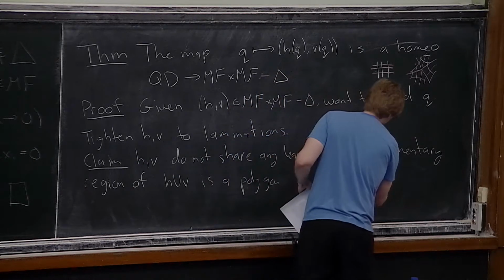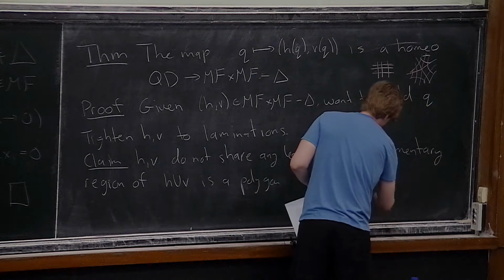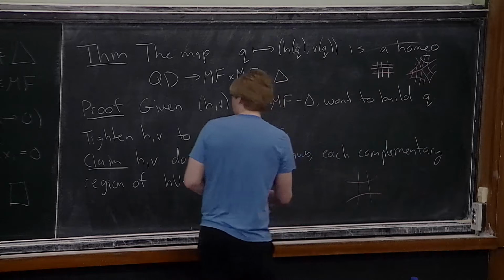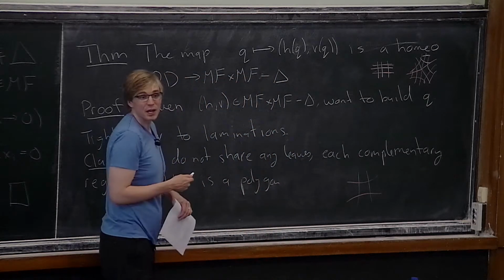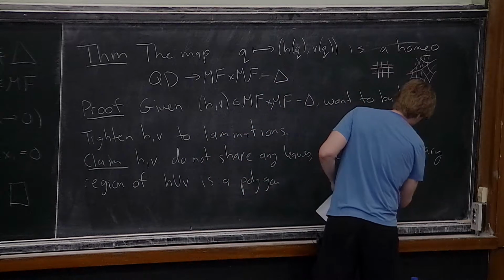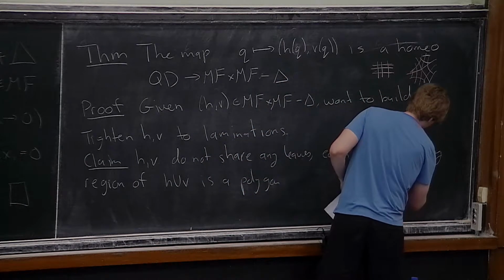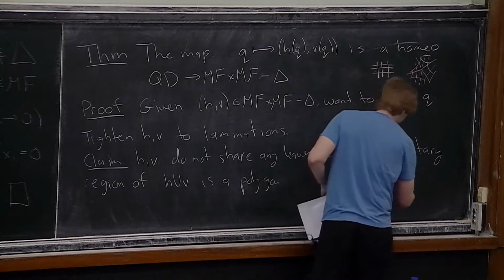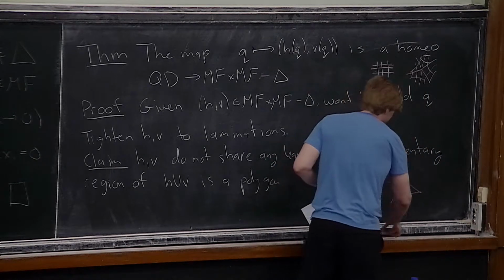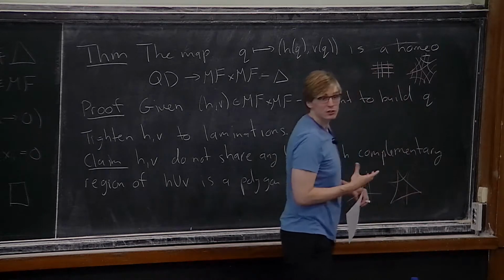So you might have leaves like that, and then leaves like that. A complementary region is just a connected component of the surface minus the union of the two laminations. So it might look like that, or it may also look something like this. So if you have triangles, you might have quadrilaterals, something like that.